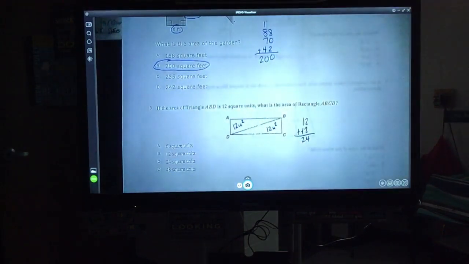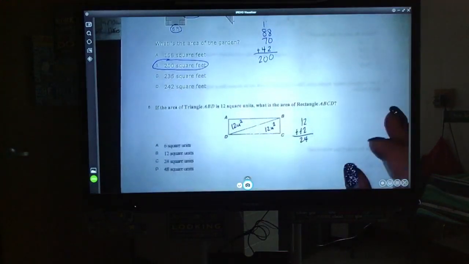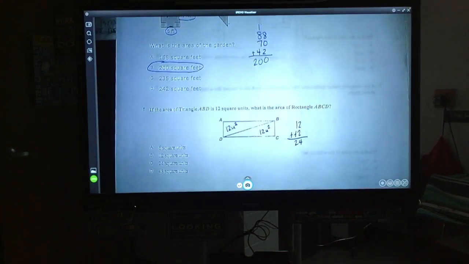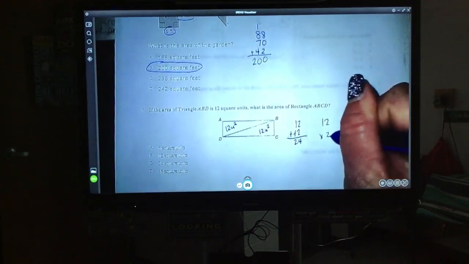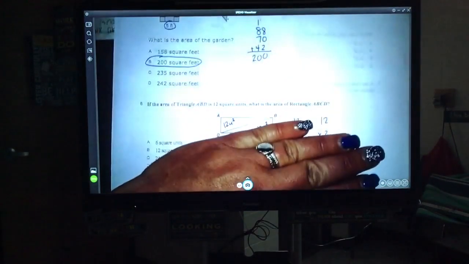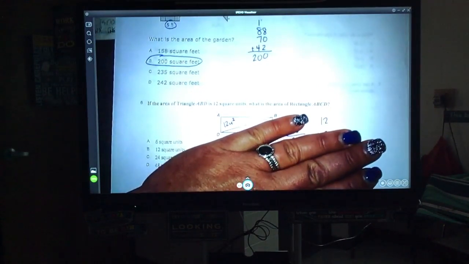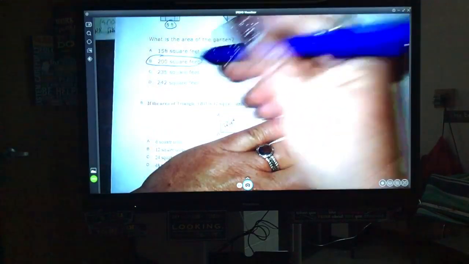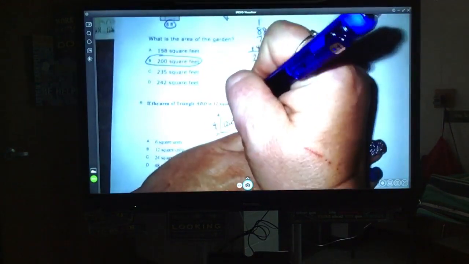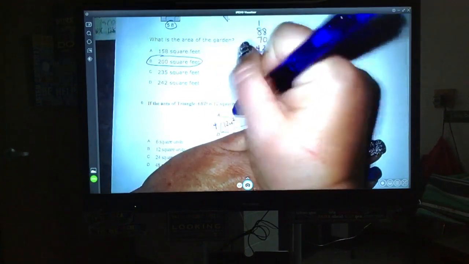What else can you do, which is a little bit more complicated, to solve this problem, Delilah? 12 times 2? You can do 12 times 2, because again, that's going to give you 24. How many of you looked at it as, this is a triangle, and the formula is base times height divided by 2? So if I multiply this by 2, and I get 4 and 6, or 2 and 12, and you multiply 2 or 4 times 6.